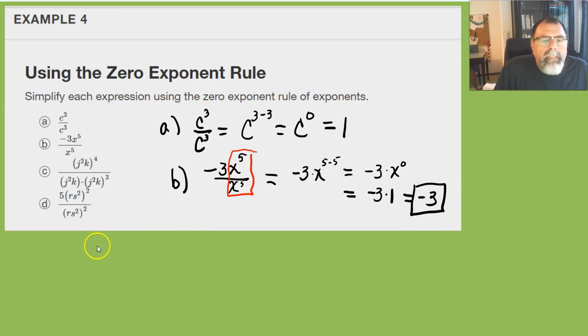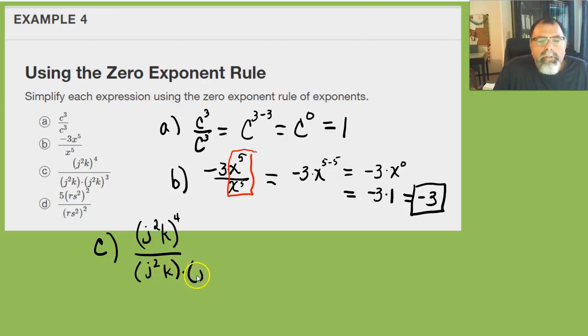All right, moving on to C. j squared k in parentheses over j squared k times j squared k cubed. All right, on the bottom, if we think of j squared k as the base, you can see we can put a 1 there. 1 plus 3 would be 4.